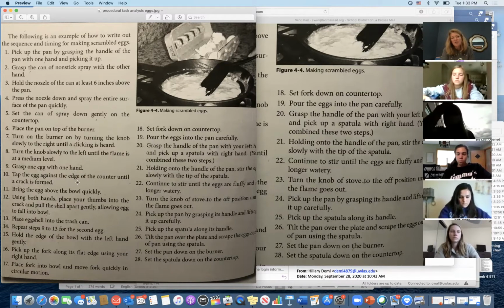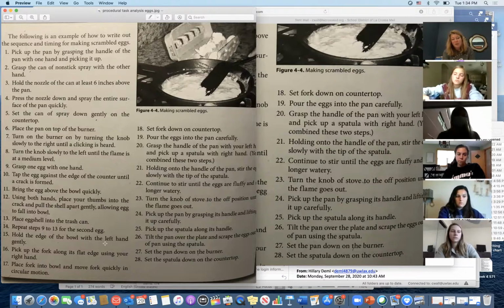Tapping the egg until it's cracked, just all these steps. So they've broken it down so much. And even telling them to put the eggshell in the trash can, and then repeat steps 9 through 13 for a second egg. So they have to go back up to step 9 and repeat that for the second egg. Holding the edge of the bowl with the left hand and picking up the fork with the flat edge.